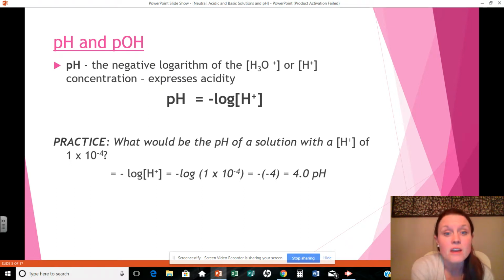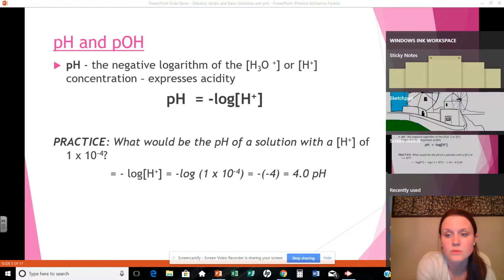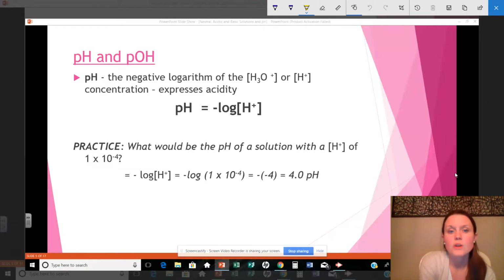Okay? The pH of a solution is calculated when you take the negative log, okay, so it's important here that it's negative, the negative log of your hydrogen ion concentration.